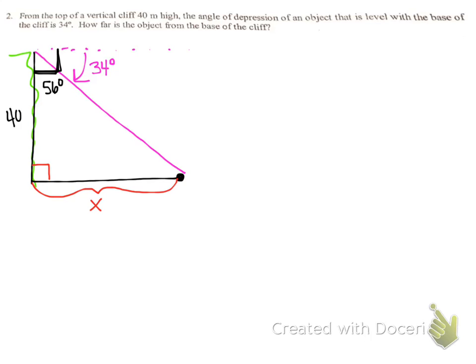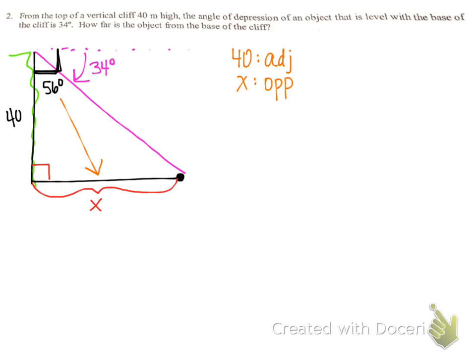Now we have everything with that triangle that we need. So we've got 40 and x, and we need to determine what they are in reference to our angle. So here's our angle. In reference to 56 degrees, x is opposite, and then 40 is adjacent.